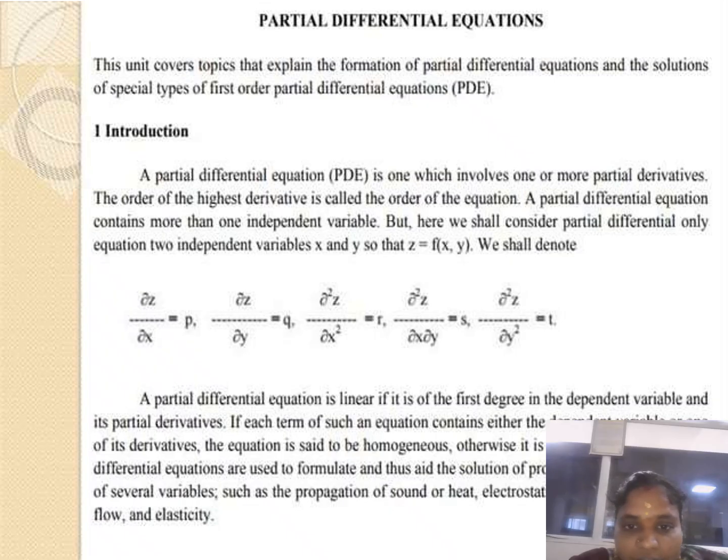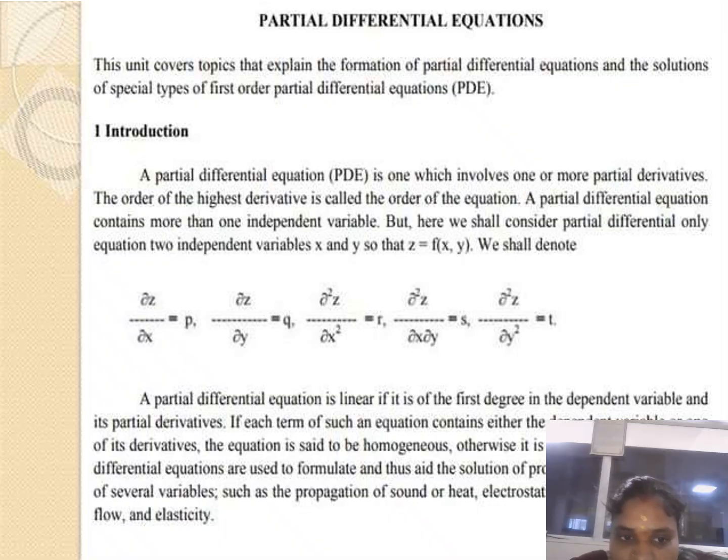Here the notations we generally use are: dou z by dou x equals p, dou z by dou y equals q, dou square z by dou x square equals r, dou square z by dou x dou y equals s, and dou square z by dou y square equals t. So we use the notations p, q, r, s, t.